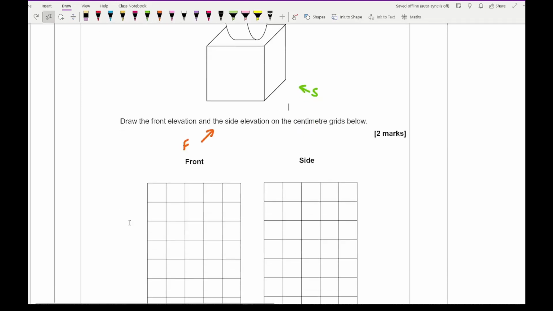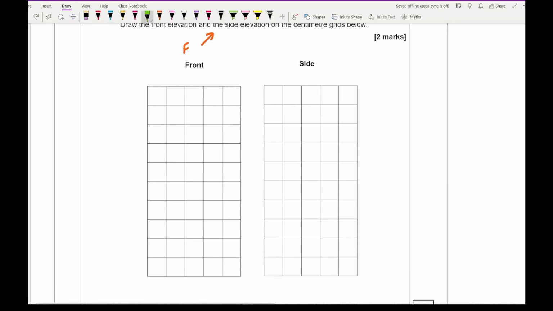So looking at the front, I'm going to end up with something that looks like this. So I've got a 4x4 grid, so that's the base, and then in the middle I've got to draw a 2x4, so it looks something like that.